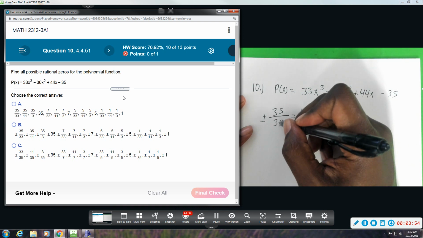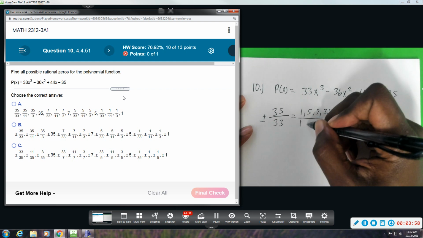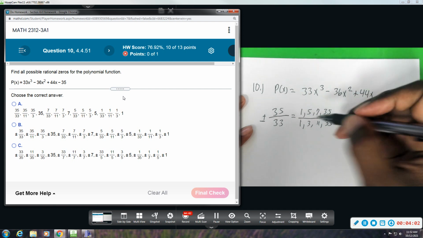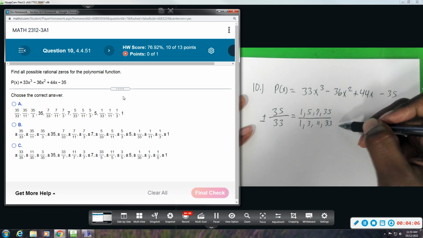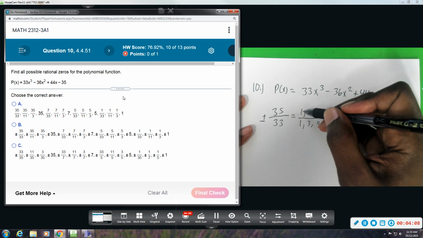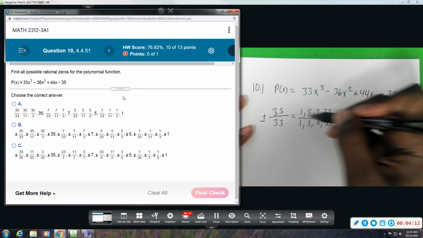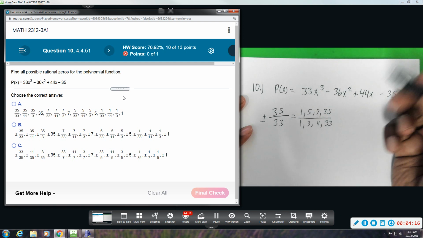And then the factors of 33 will be 1 and 33, and then 3 times 11. All right, so you're going to take all the factors on the top, divide them by all the factors on the bottom. Now, one thing that will always happen, you will always get all the factors on the top in your list because they will always be divided by 1. That will always happen.